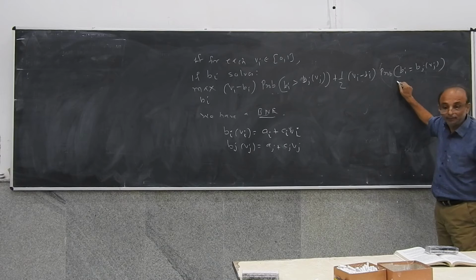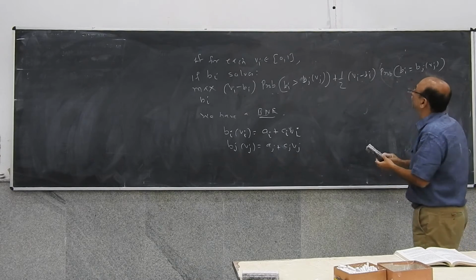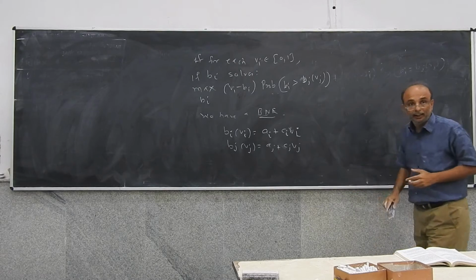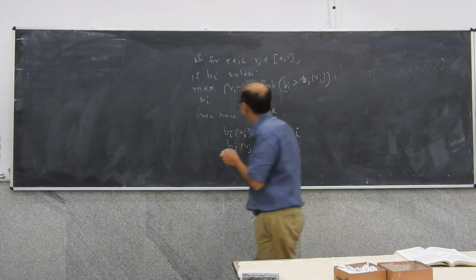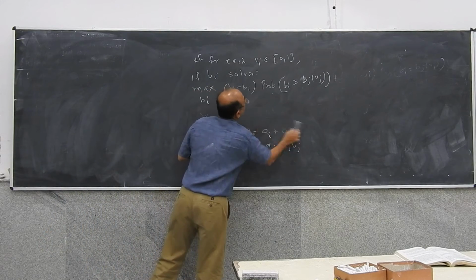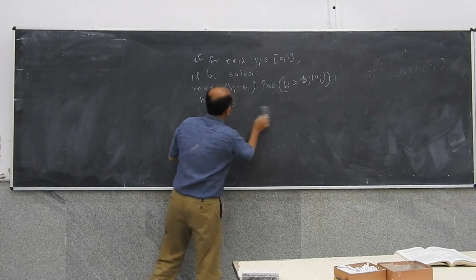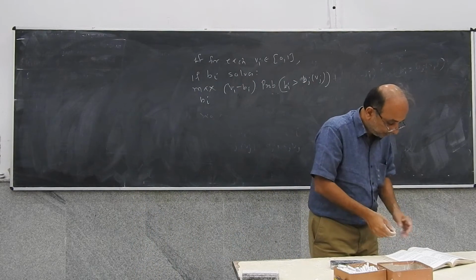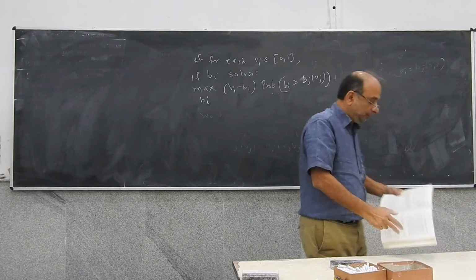This will be 0. So our problem gets simplified now to looking at this. We just have to look at Vi minus Bi times the probability that Bi is greater than Bj of Vj. But what is Bj of Vj?